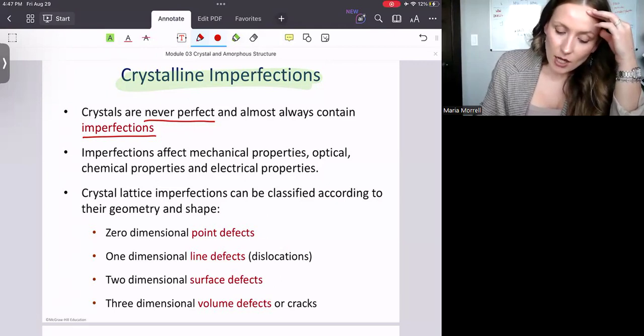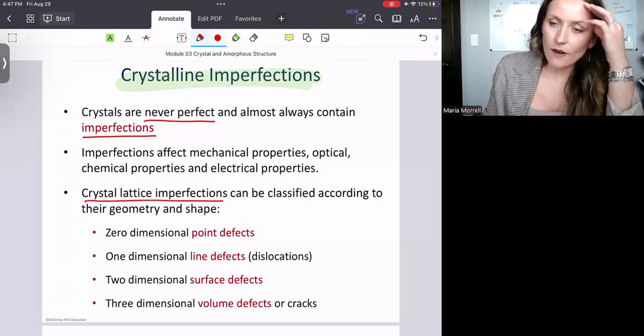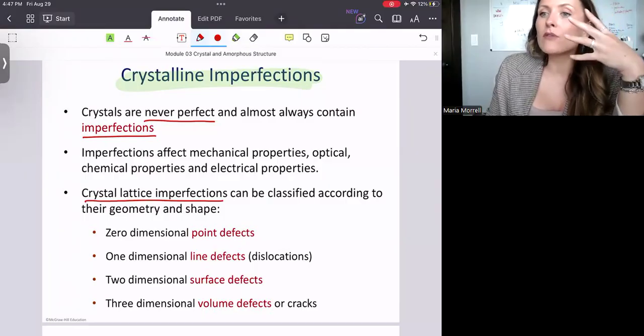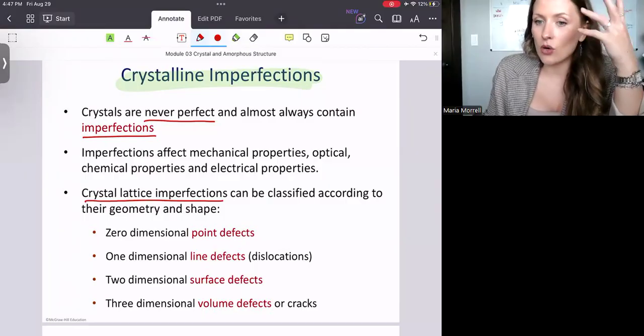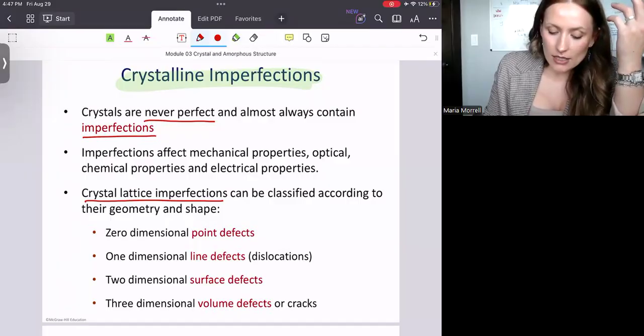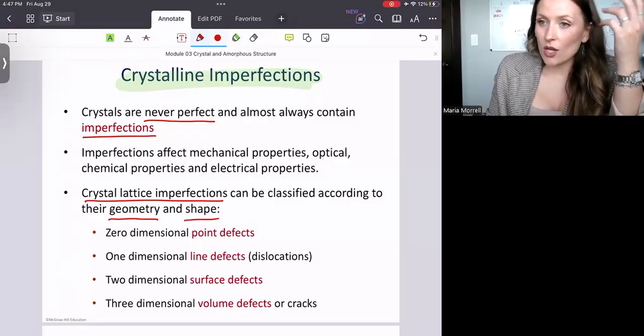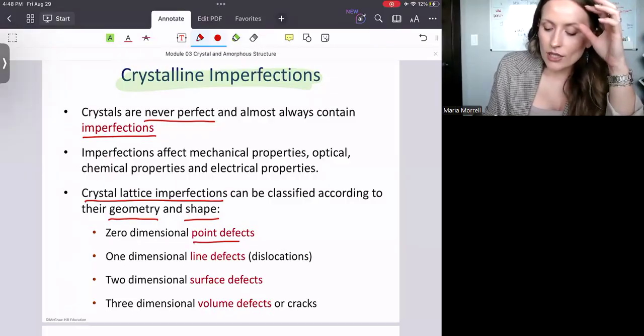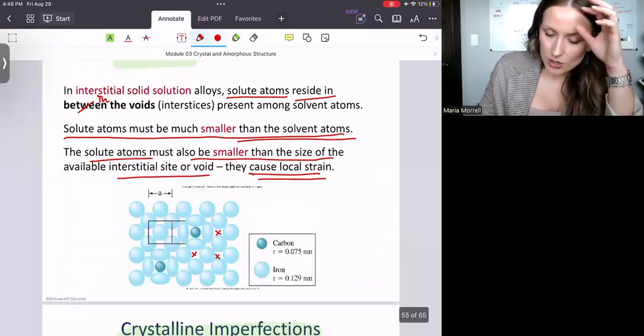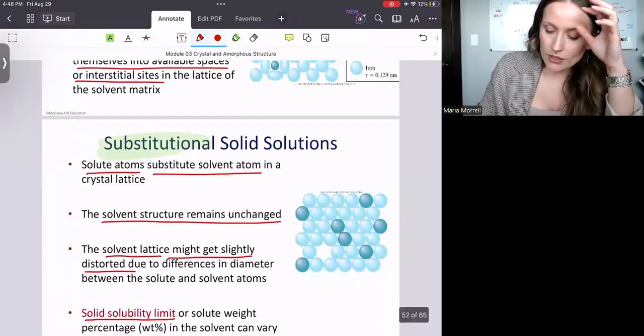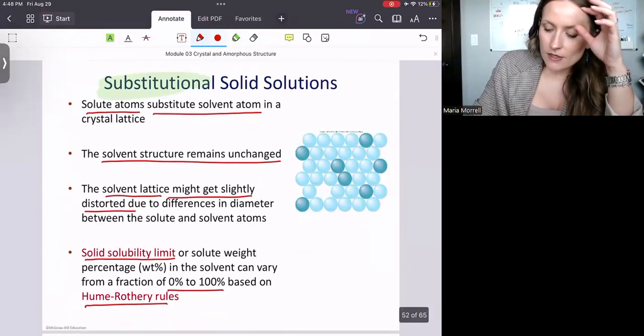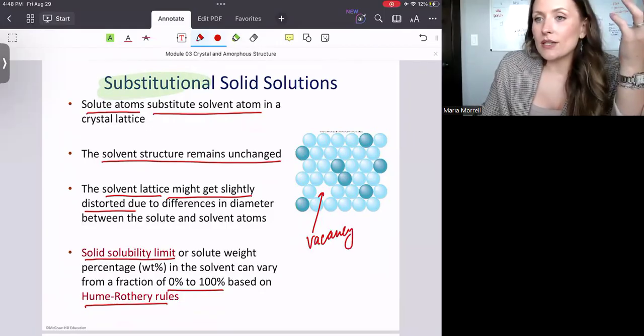Now, all of the crystal imperfections can be classified into four main categories, and we do that taking into consideration their geometry and shape, and it's going to be very easy. Zero-dimensional point defects. Point defect, let me show you guys an example. Right in here. Do you see this vacancy? That's your point defect, right?